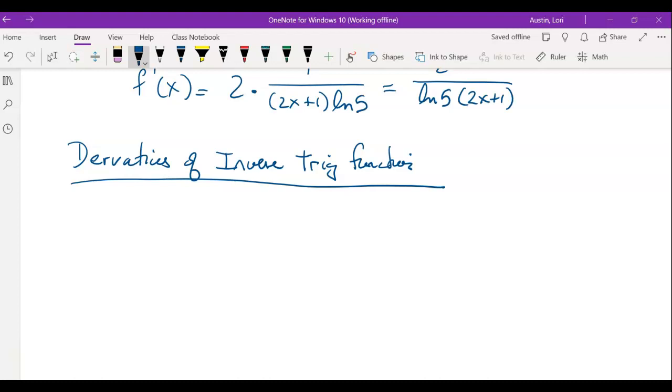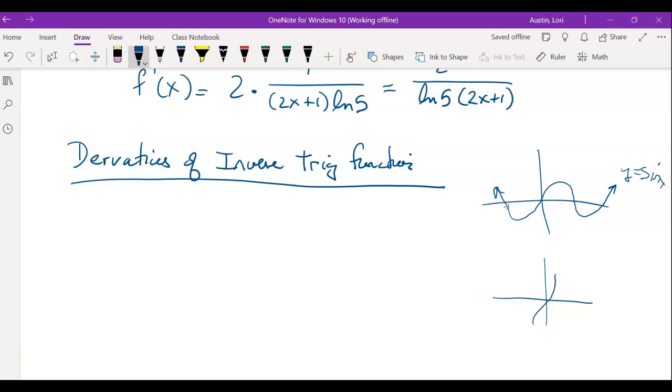Do you recall your inverse trig functions? Okay, if this is classic sine, right? The inverse function occurs when you switch your x and y values. So instead of it being, it kind of goes like, it's kind of like that, I think.